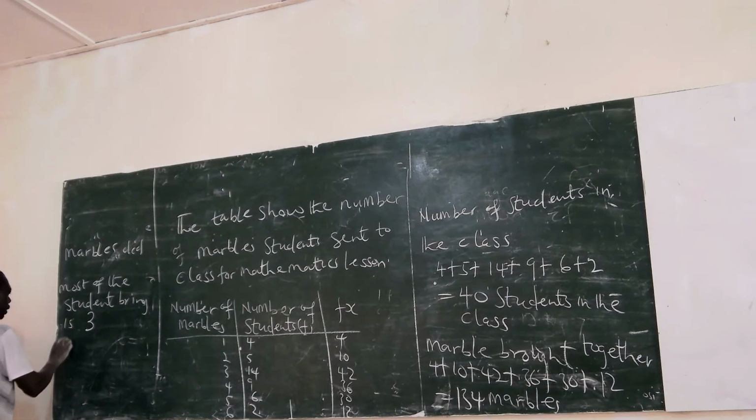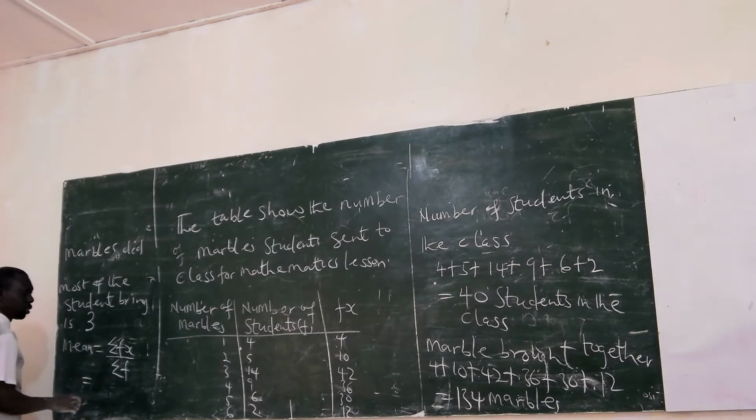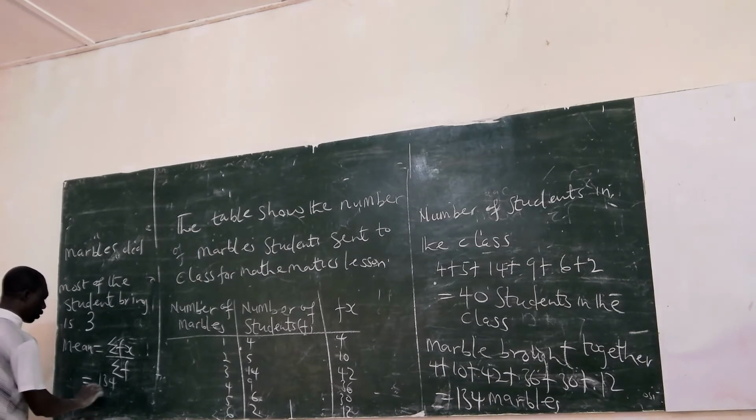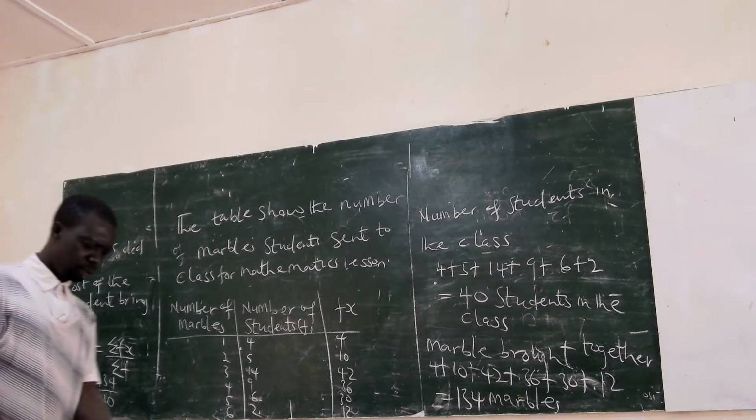So the mean is sigma fx over sigma f. So here it is 134 divided by 40. For this one, we have 2 methods. Either we change this into a decimal fraction or a mixed fraction. So we change this one to a decimal fraction.